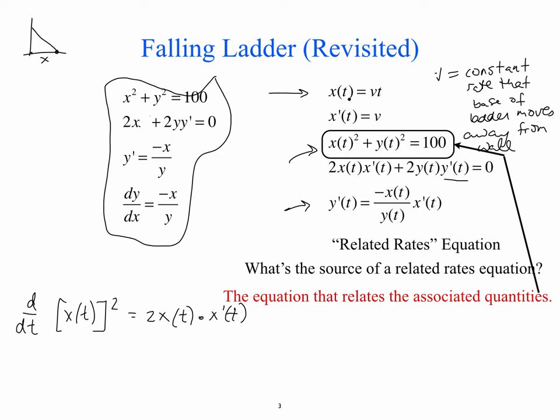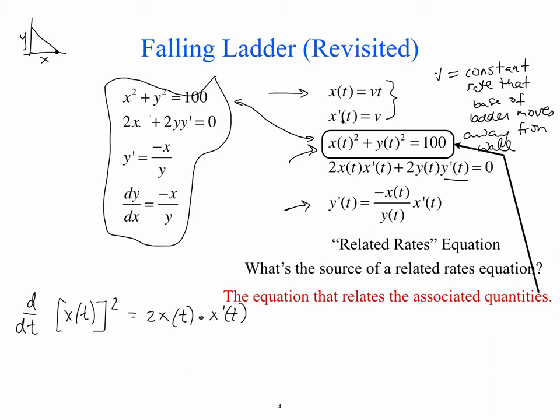So let's suppose that x changes with a constant rate. That's where these statements come from. And since x is a function of time, y is inherently also going to be a function of time, so that's why I can introduce this notation here. And the quantities are still related as they originally were. Just because I'm introducing time doesn't change the fact that x and y satisfy this Pythagorean formula relationship.